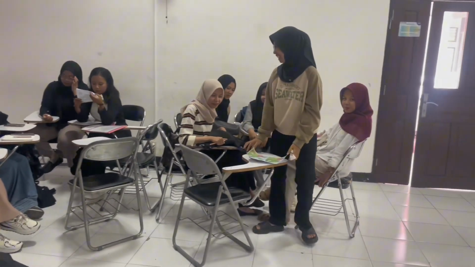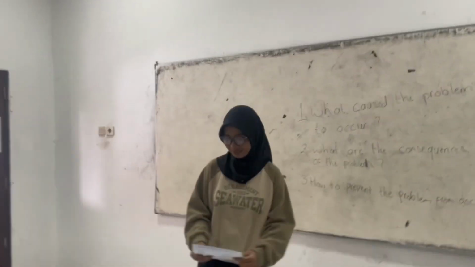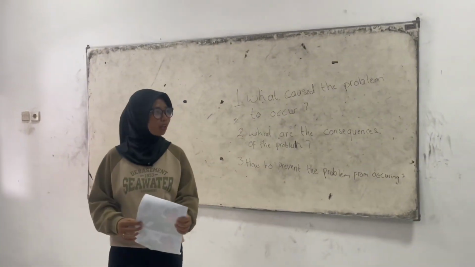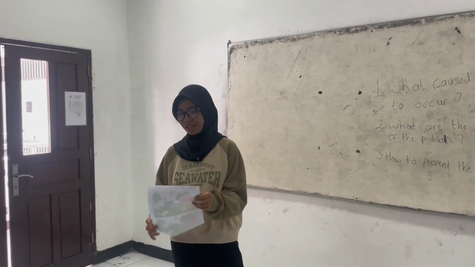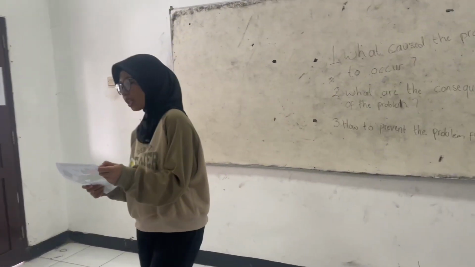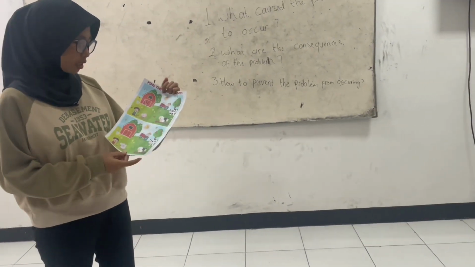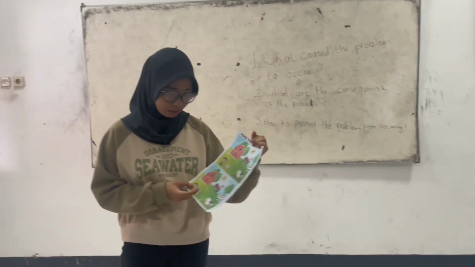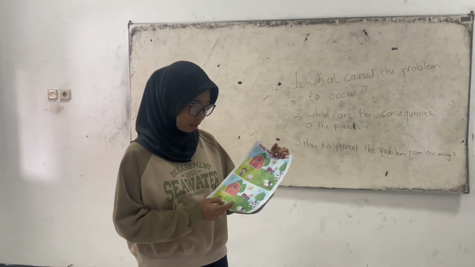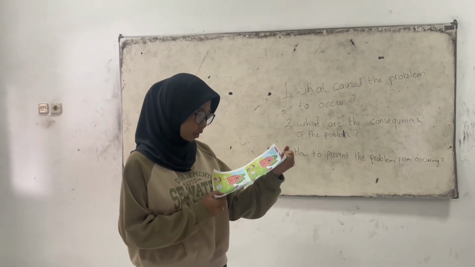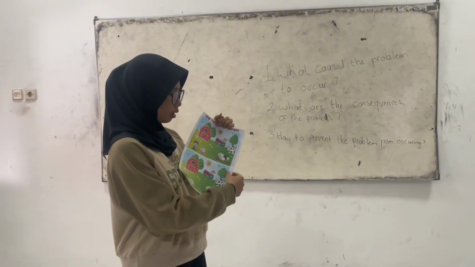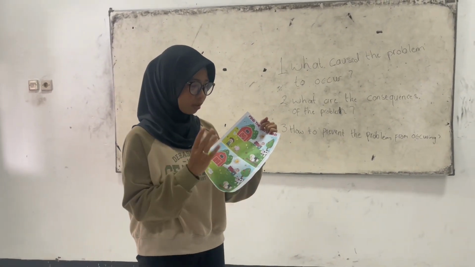Najla, you can introduce yourself. My name is Najla Fatima Rafiqa. I will explain the 10 differences of these two pictures. The first one is the farmer clothes. The second one is the orange here. And the third is the apple.